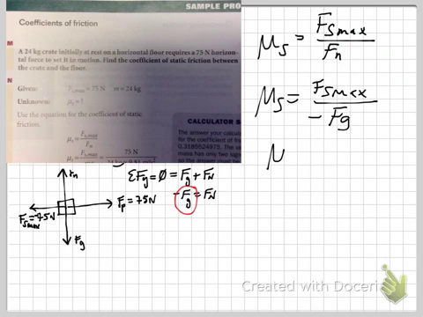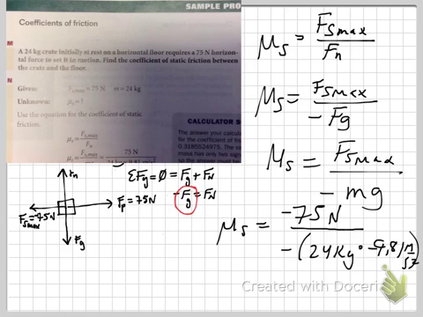That's equal to Fs max divided by the negative of mass times gravity. So we've got negative 75 newtons divided by 24 times 9.8. So we get a mu sub s of 0.318, and it shows up as a negative number.